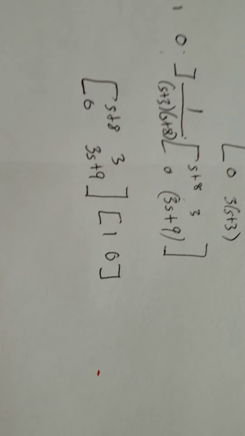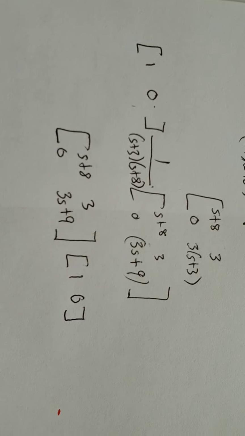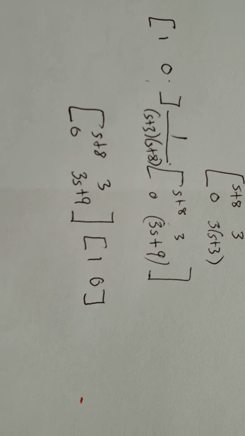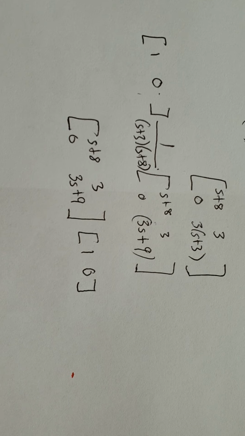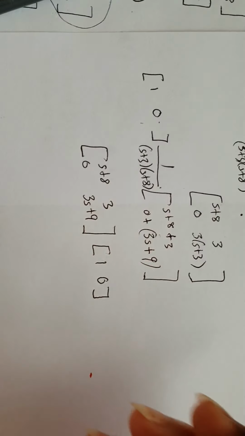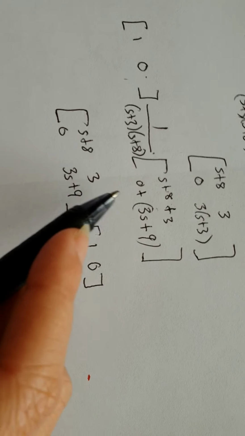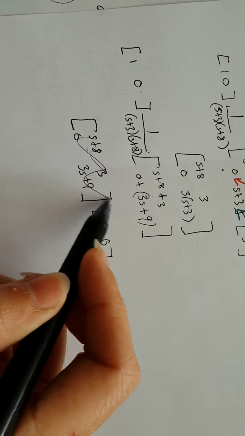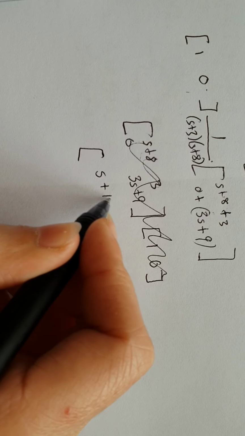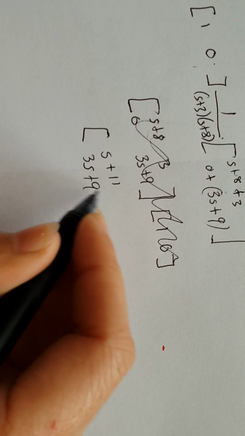Okay, so now for this matrix multiplication, oops, sorry, we're not actually finished with our matrix multiplication from the B. It's actually S plus 8 plus 3 plus 0 plus this, so our term is S plus 11 and 3S plus 9.